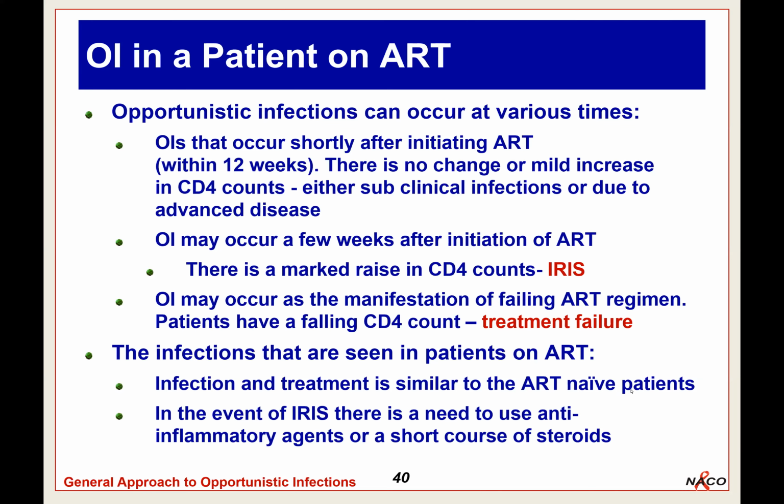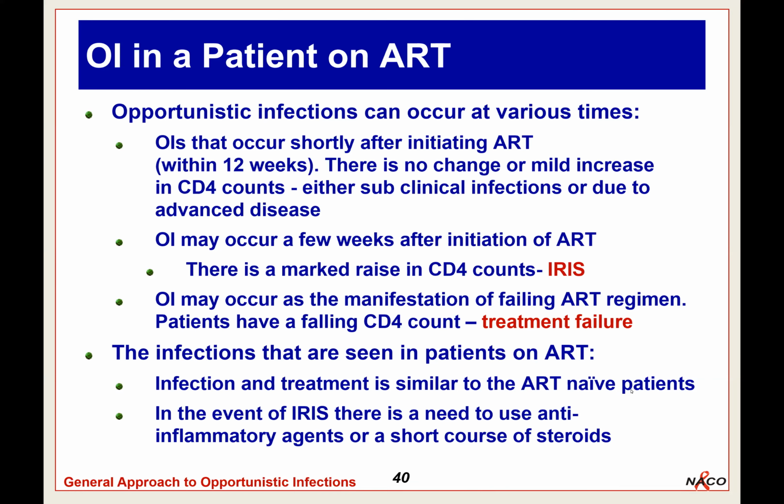Then that reinvigorated immune system responds to the presence of an unmasked or previous infection, and as a result you will get clinical manifestation of that hidden infection after initiation of ART. That is called immune reconstitution syndrome, or paradoxical reaction, or unmasking of previous OIs, or post-ART OIs.